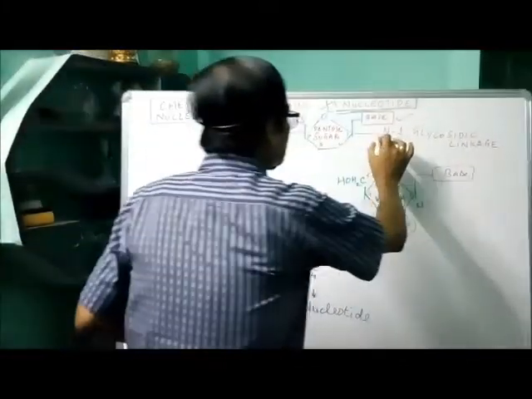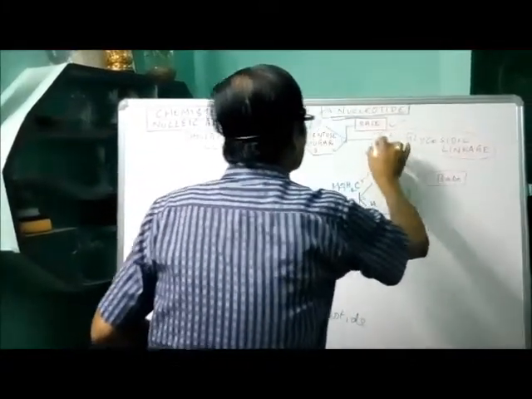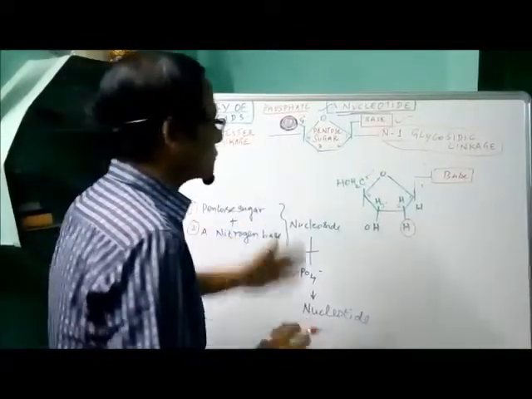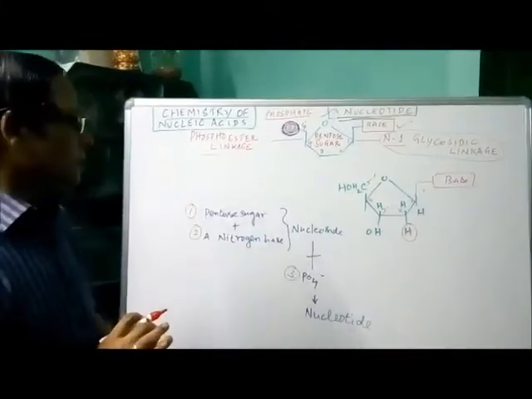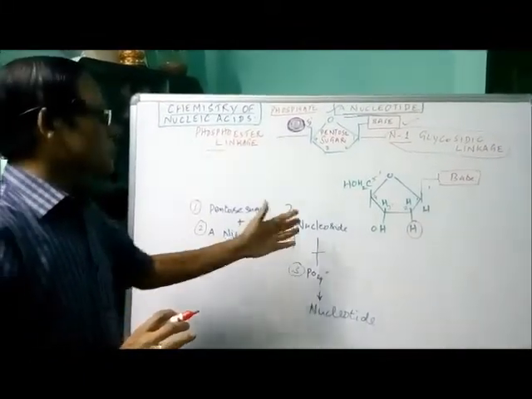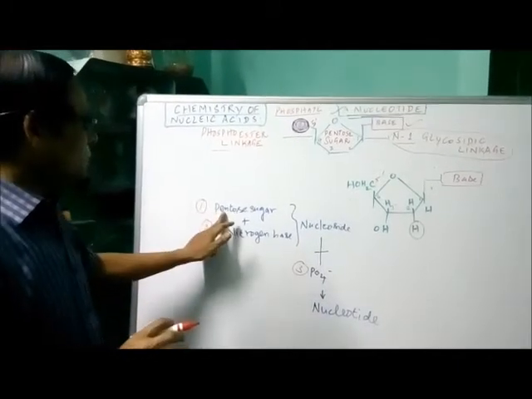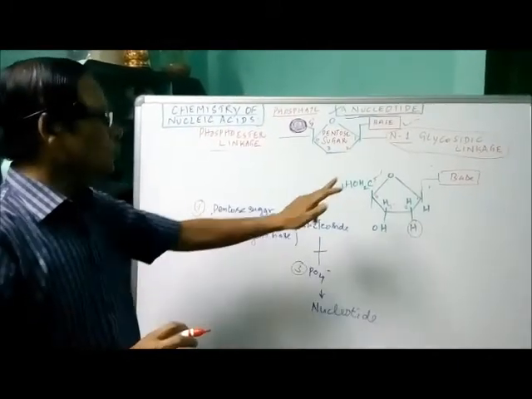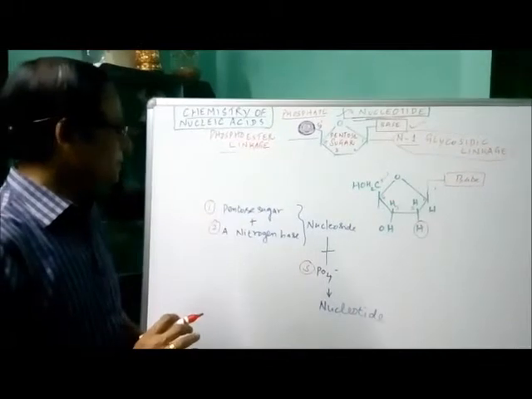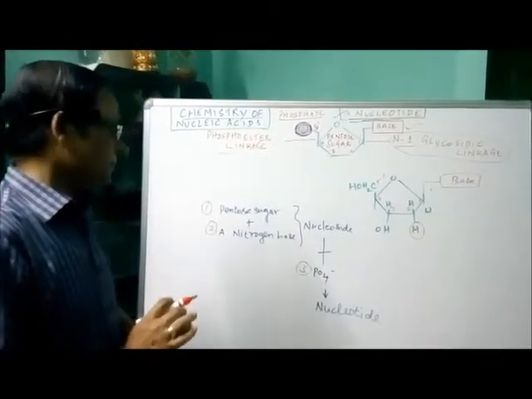The name of the linkage is N1 glycosidic linkage. I do the diagram here also. This is number 1, and that forms what is called a nucleoside. So a pentose sugar with the nitrogen base by means of glycosidic linkage is called a nucleoside.